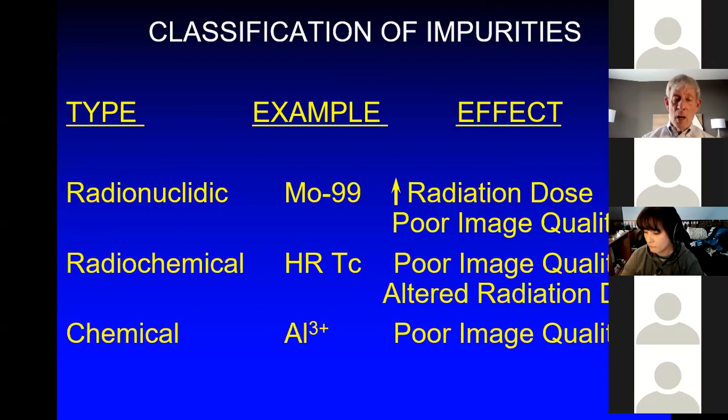We're concerned about aluminum ion because it interferes with red cell labeling, sulfur colloid labeling, and especially bone agent labeling. So we just don't want it there. And lucky for you, we no longer have to perform that test because back in 2011, the NRC said it's totally optional. You're no longer mandatory to do it. And it will also impact the image quality.